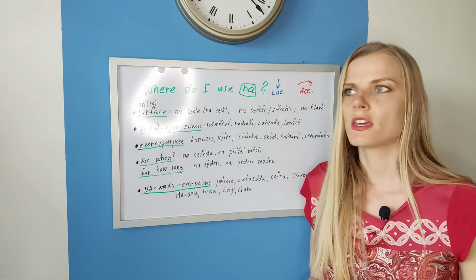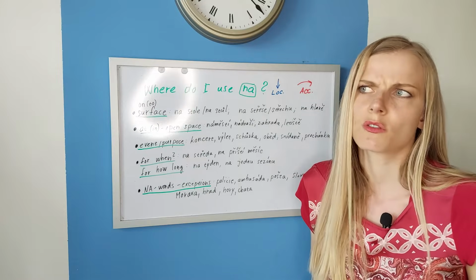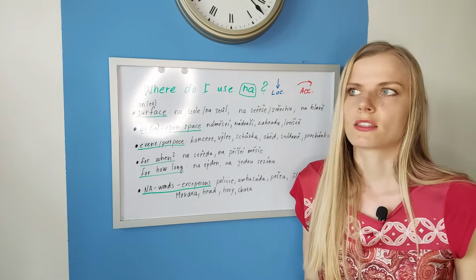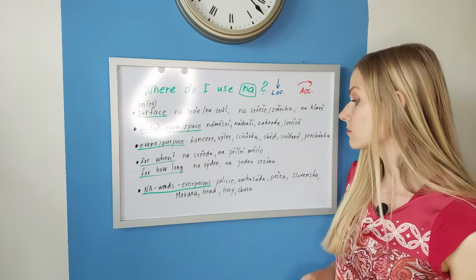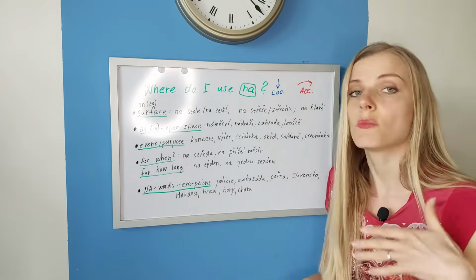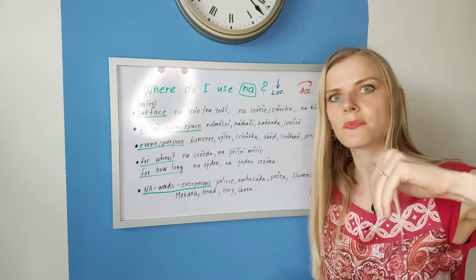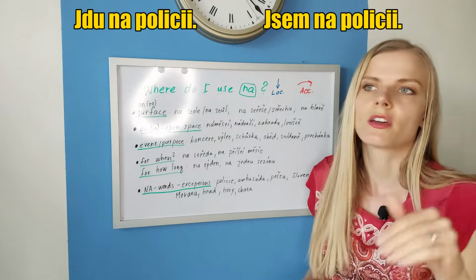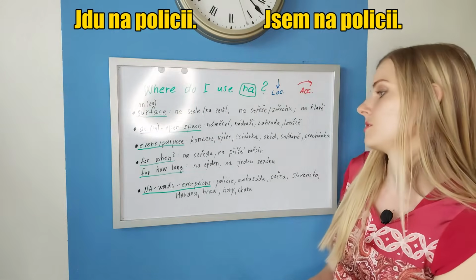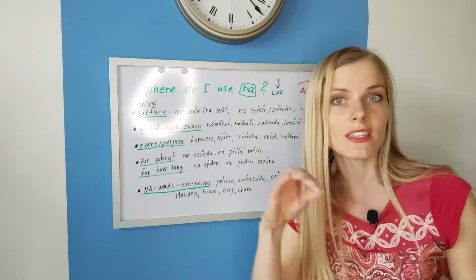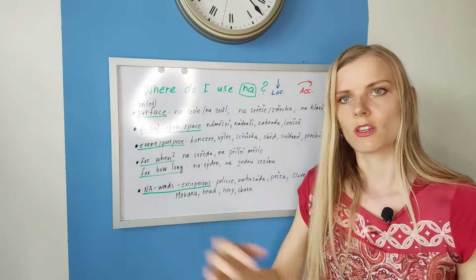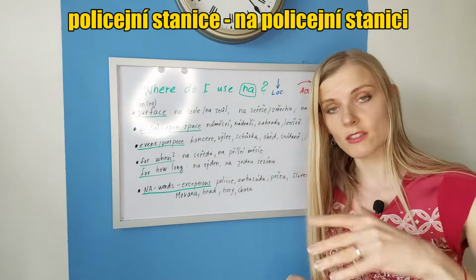Policie. Policie is a building, right? So technically we would be able to say "inside the police station". But we say na policii, jdu na policii, jsem na policii. I am at the police station, I am going to the police station. Even if we mention policejní stanice, a police station, we would still say na policejní stanici.